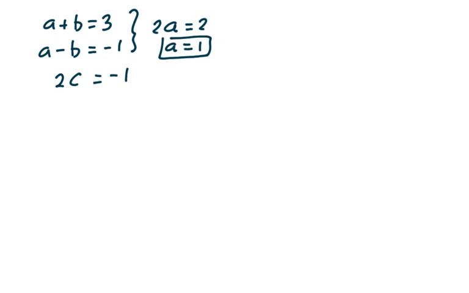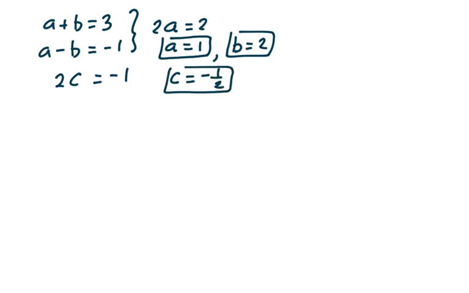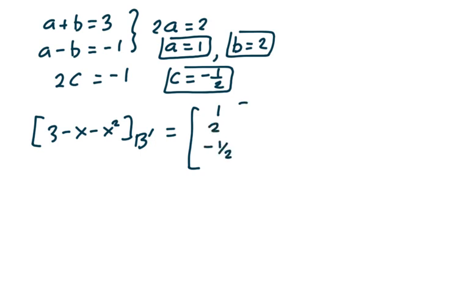If I plug that into either equation, you're going to see b equals 2. And then if I solve for c down here, we're going to see c equals negative a half. And so the coordinate vector of 3 minus x squared relative to B prime is 1, that was my a, 2 was my b, negative a half is my c.